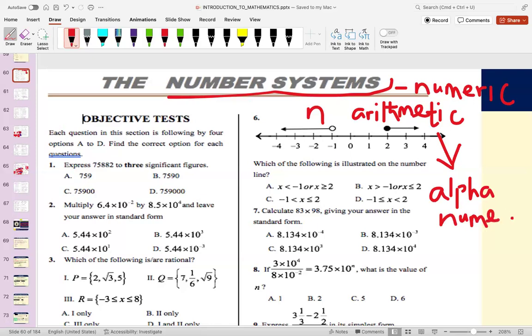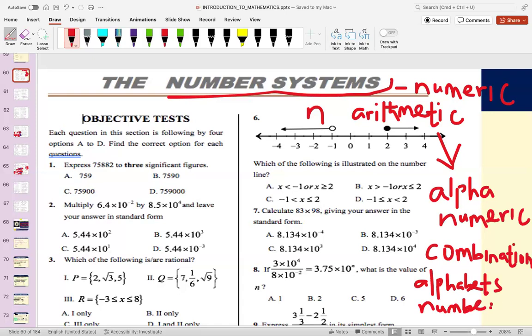And alphanumeric is a combination. I think most of you are old enough to understand the difference. Alphanumeric is a combination of alphabets and numbers.